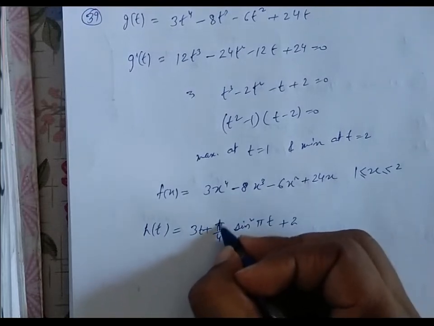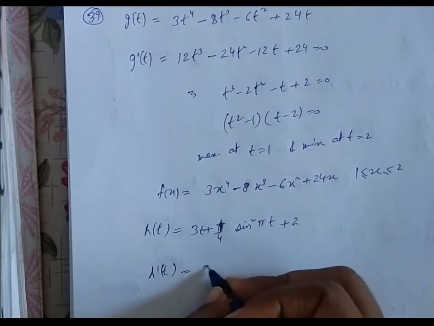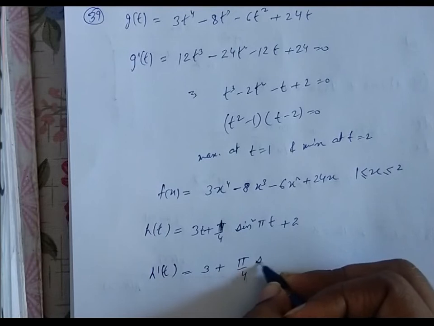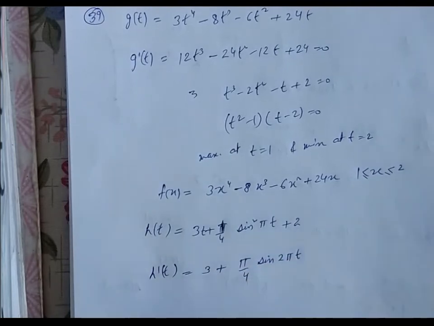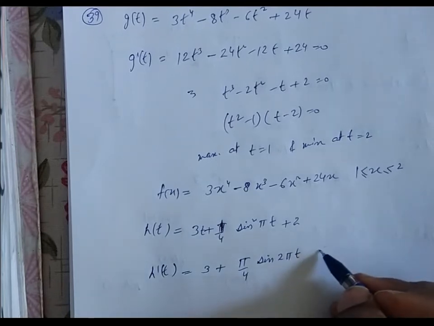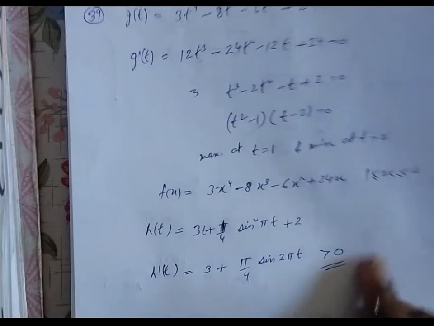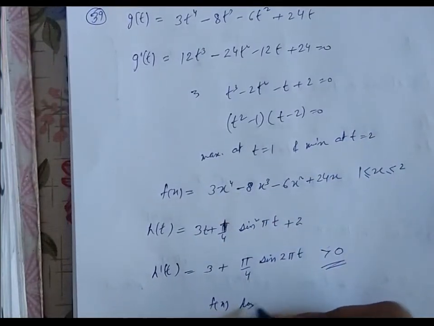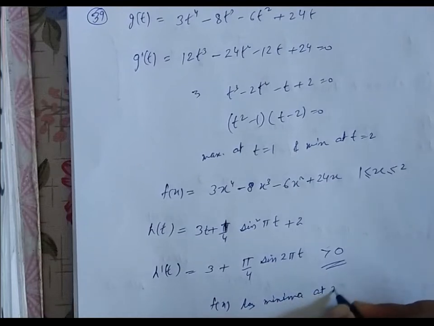Now calculating h dash is equal to 3 plus pi by 4 sine 2 pi t, which is always greater than 0 for all t. Hence fx has minima at x is equal to 2.